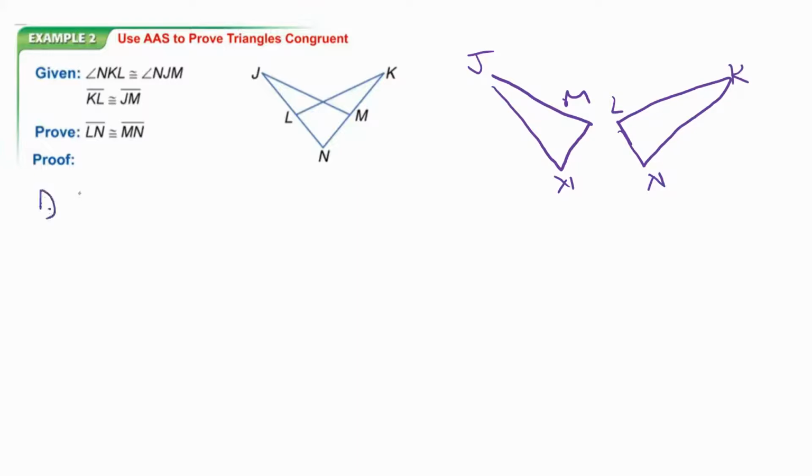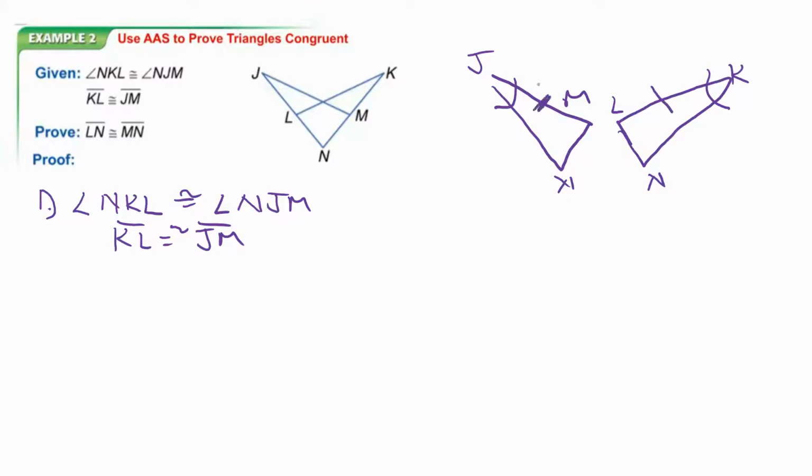We write our given first. Angle NKL is congruent to angle NJM. So those two angles are congruent. We have that KL is congruent to JM, and this is our given.